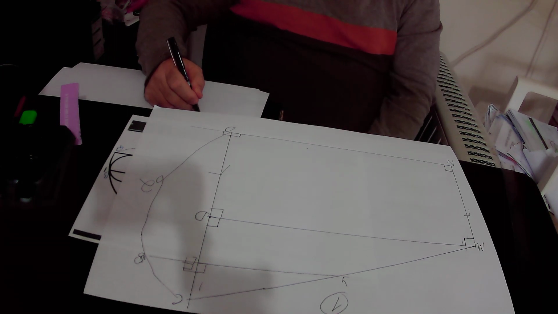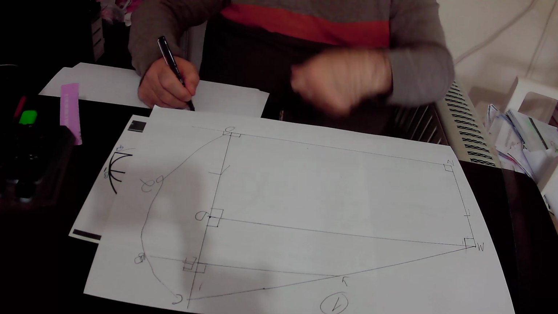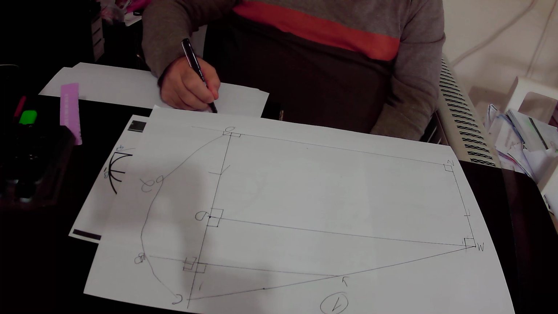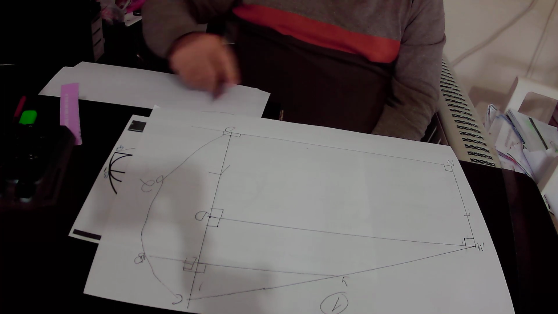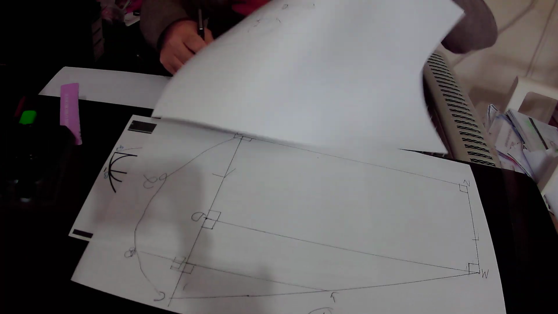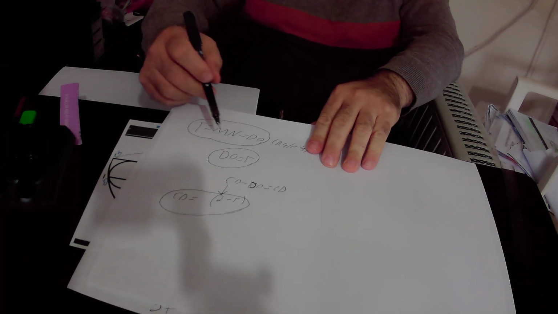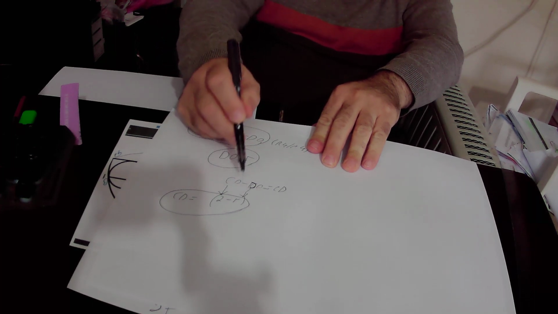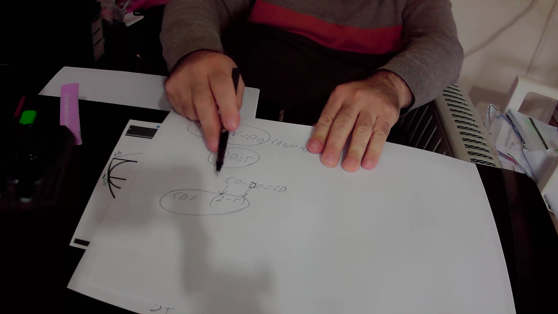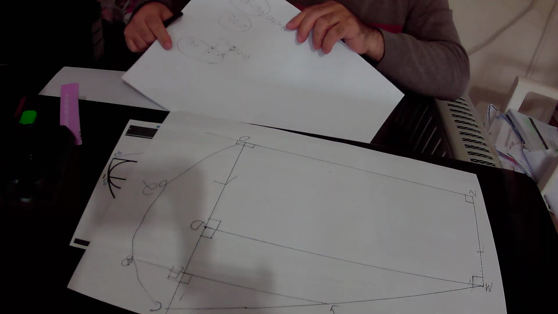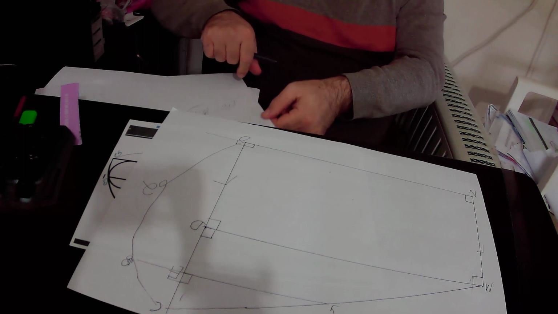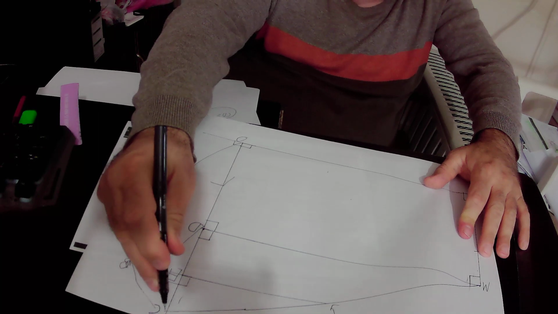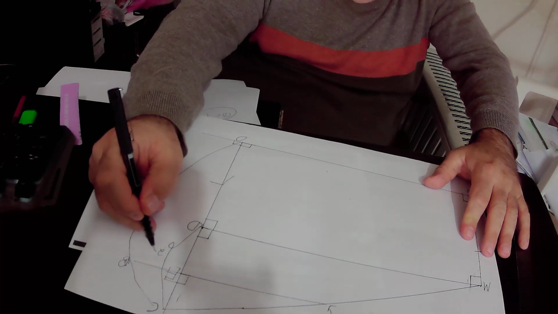CO equals 2 units and DO equals R. So in total we found out that CD equals 2 minus R. So we can write here that CD equals 2 minus R.